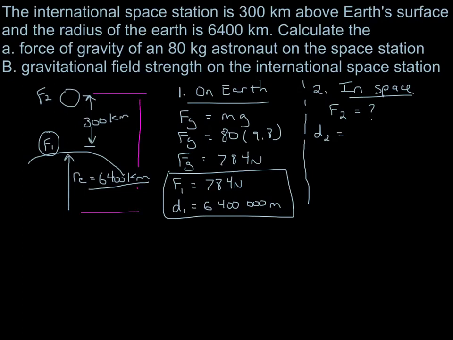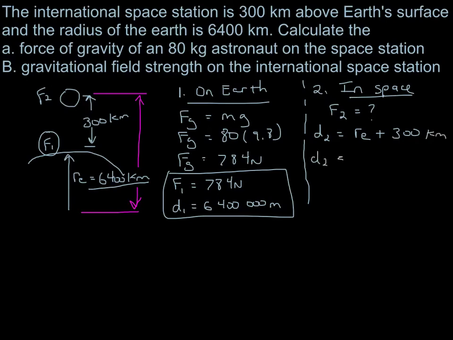It's this entire distance. Okay, so to find that thing, we're going to have to say this is the radius of the Earth plus our 300. Here we go, 300, and don't forget that's kilometers. Again, I want to convert that thing into meters.